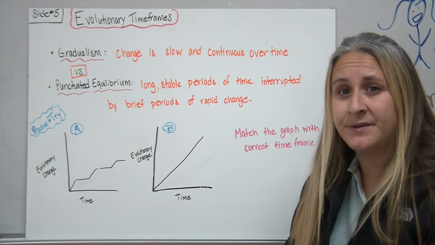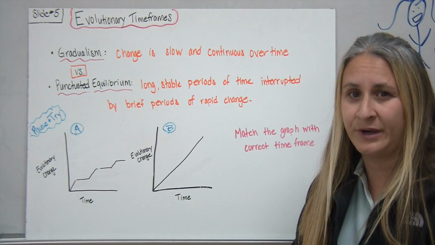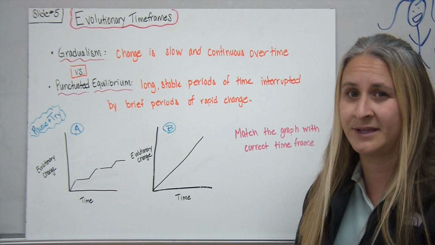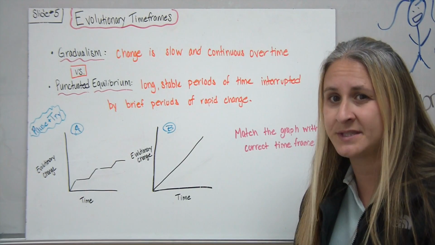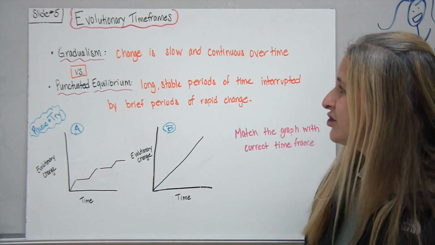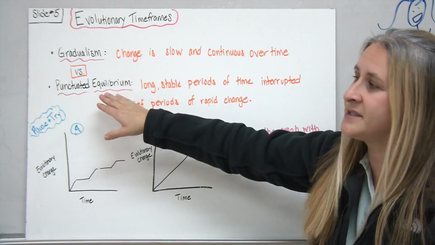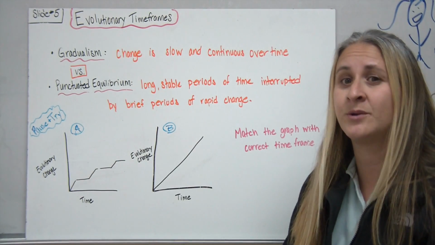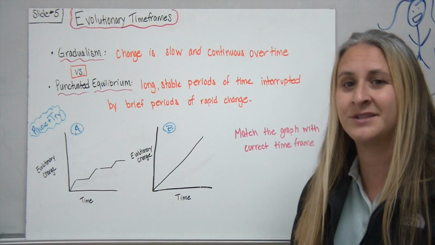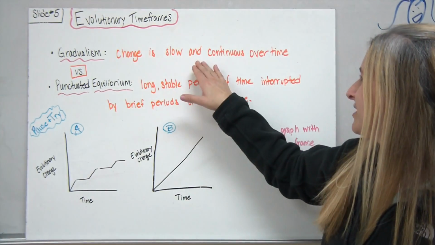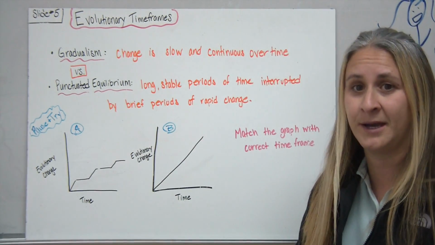One of the things that we also like to talk about with evolution is time frames. Evolution typically does not happen very quickly, but there are two different time frames that we refer to when we refer to evolution. One is called gradualism, and the other one is called punctuated equilibrium. Gradualism is exactly what it sounds like. It's gradual. So the change is slow and continuous over time.